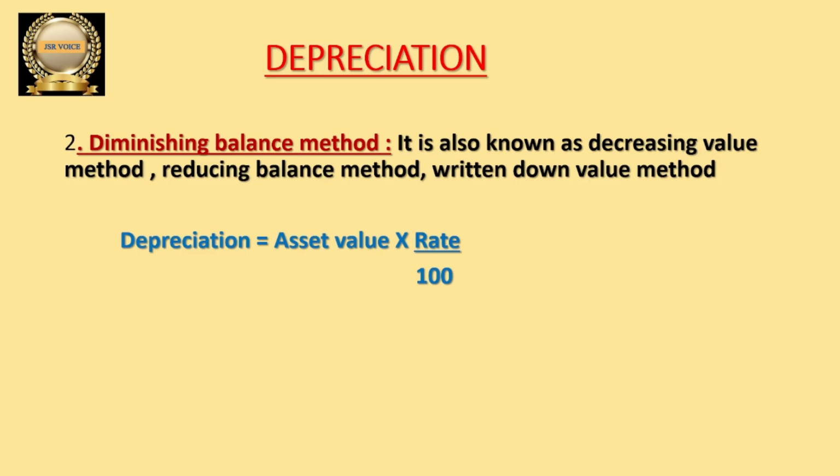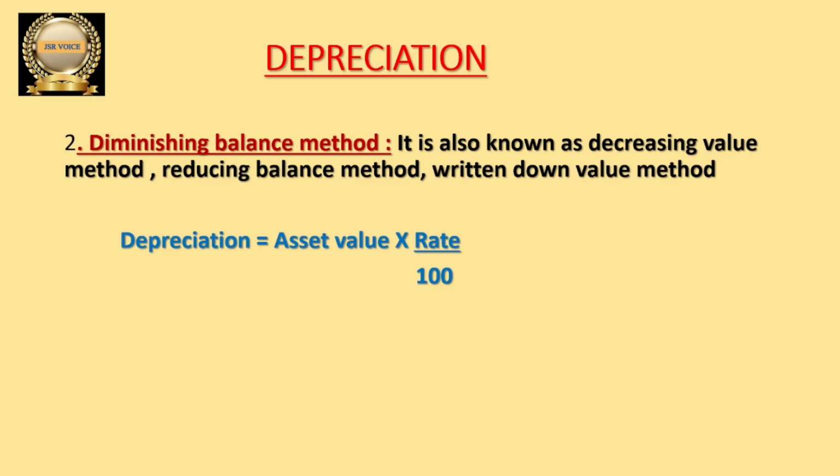Depreciation always is not same under diminishing balance method, it changes, and that change also is in declining manner, in the reducing manner, it gets reduced. Okay, so that is the main difference between fixed installment method and diminishing balance method.